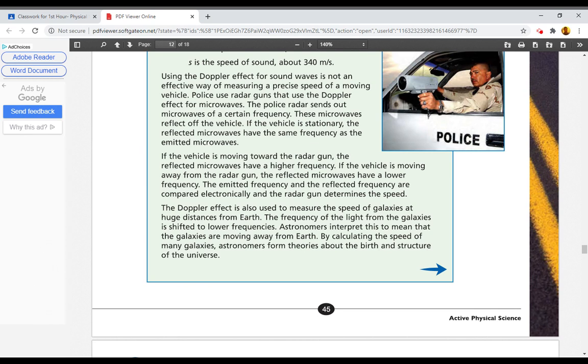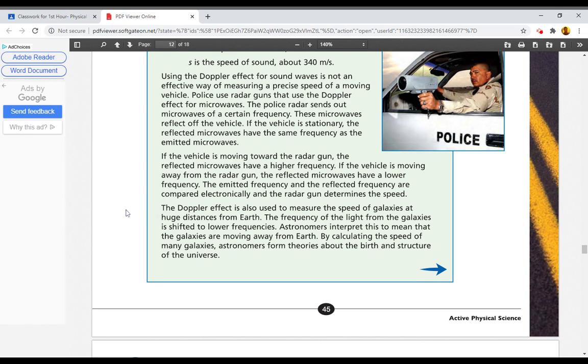If the vehicle is stationary, the reflected microwaves have the same frequency as the emitted microwaves. If the vehicle is moving toward the radar gun, the reflected microwaves have a higher frequency. If the vehicle is moving away from the radar gun, the reflected microwaves have a lower frequency. The emitted frequency and the reflected frequency are compared electronically, and the radar gun determines the speed.